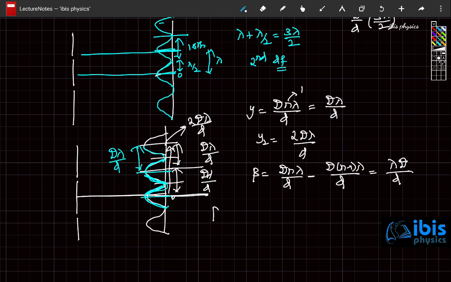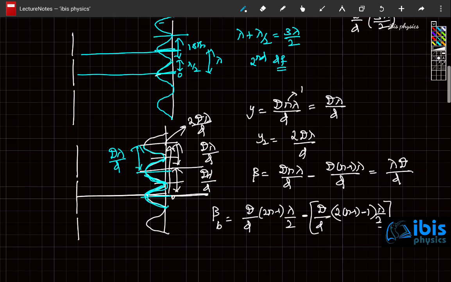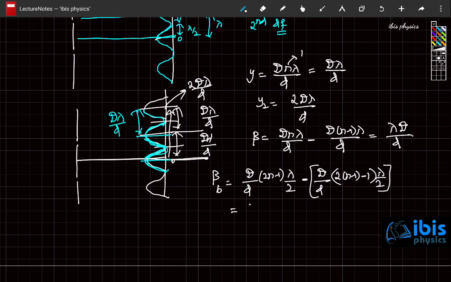And you can also prove it. The fringe width of the bright fringe is the nth dark fringe minus the (n minus 1)th dark fringe. Nth dark fringe is D by d into (2n minus 1) into lambda by 2, minus D by d into the (n minus 1)th dark fringe, which is (2 into (n minus 1) minus 1) into lambda by 2. When you do this, you can take out D by d into lambda by 2.